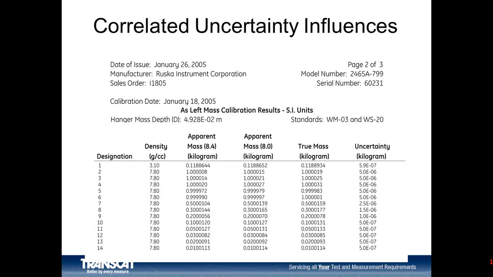A typical deadweight tester uses weights, masses if you prefer. So this is an example of a table of mass values. The mass values are reported, and for each of those mass values, an uncertainty is stated. So if we used 10 of those pieces, could we not just combine the uncertainty of those 10 pieces root sum square?